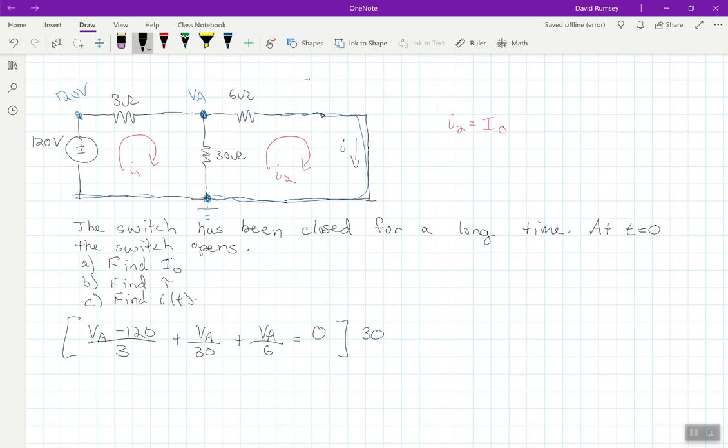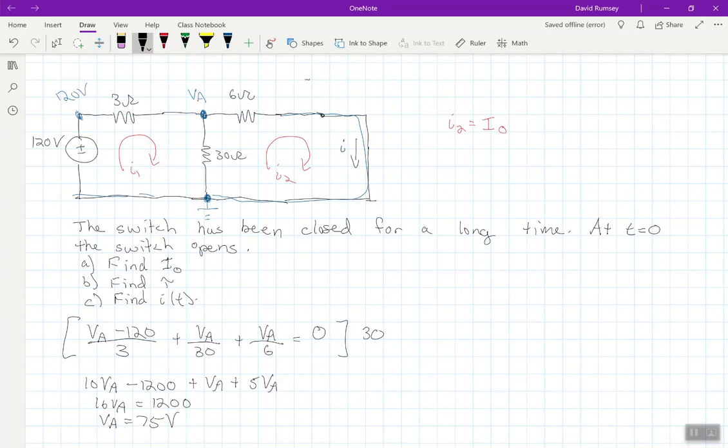So 30 divided by 3 is 10, and I'd have 10 VA minus 1200, plus VA, and then 30 divided by 6 is 5, so plus 5 VA. And so you get 16 VA is equal to 1200, and what we wind up getting for VA is 75 volts.